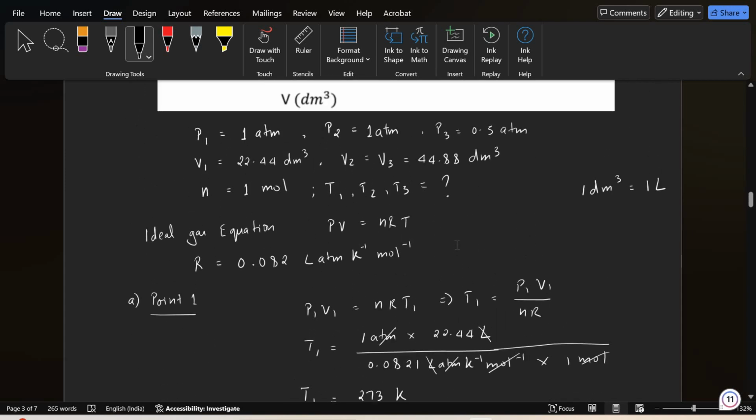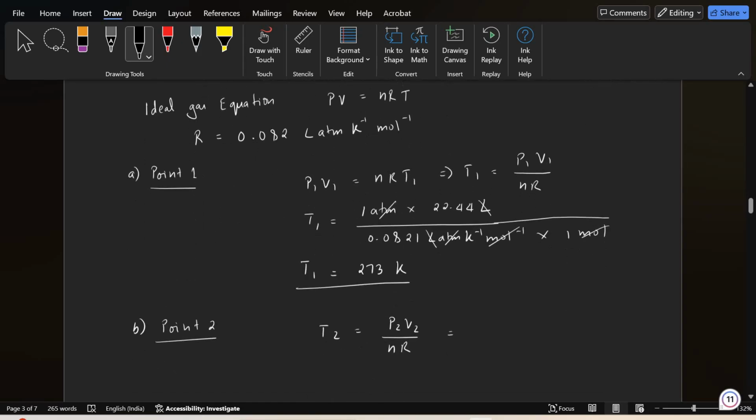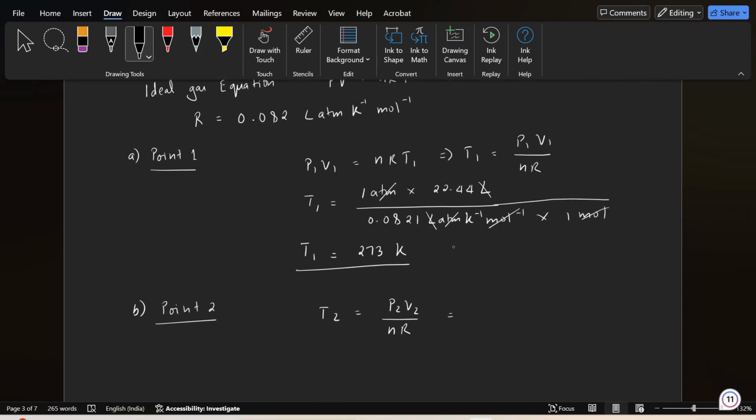P2 is 1 atmosphere, V2 is 44.88. So it's basically double. 1 into 44.88 divided by 0.0821 into 1. This is quite straightforward because it's just the double. So it comes to 546 Kelvin.